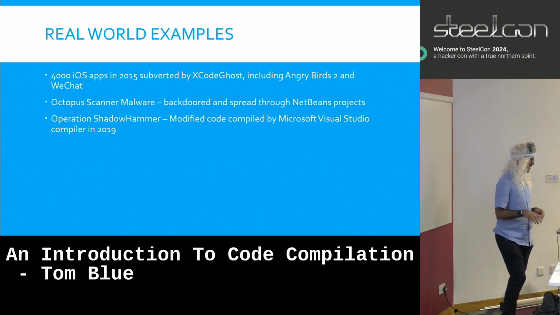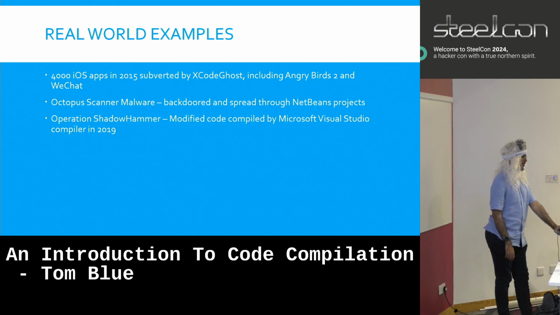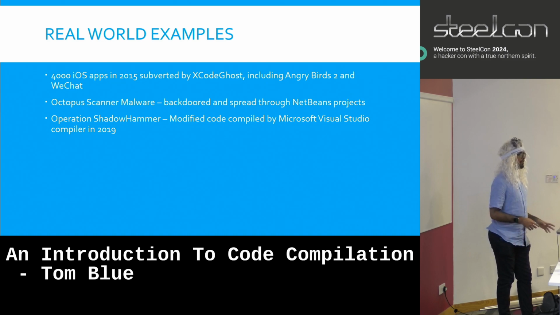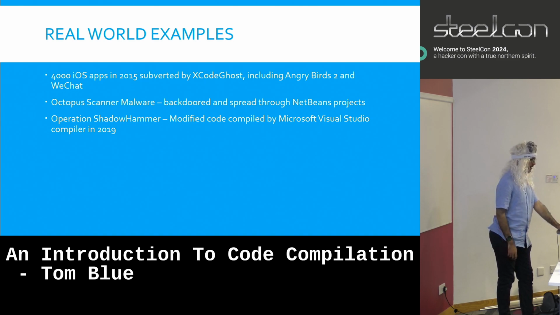And then there was also Operation Shadowhammer, which in 2019 modified code compiled by Microsoft Visual Studio to make C and C++ programs compiled by Visual Studio malicious.